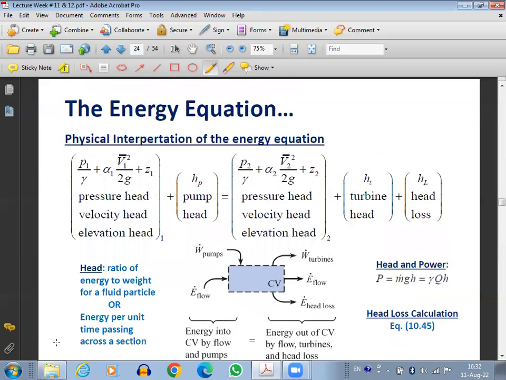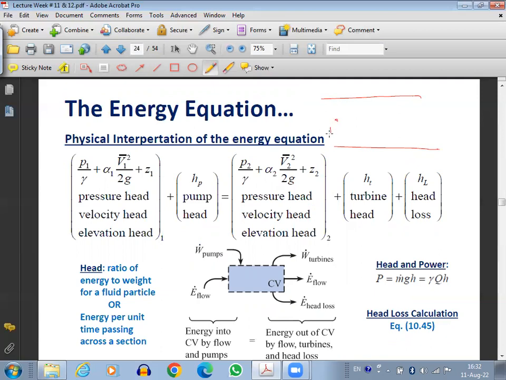Now let's analyze each one of the terms within this equation one by one. Suppose there is a fluid flow, and this fluid is a continuous medium.